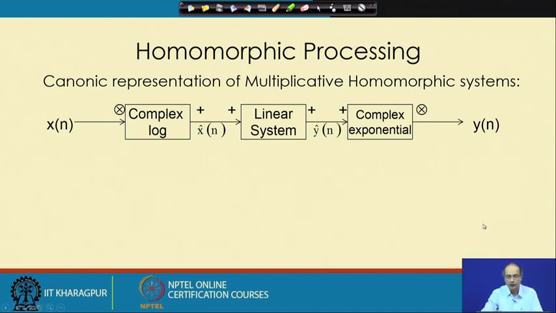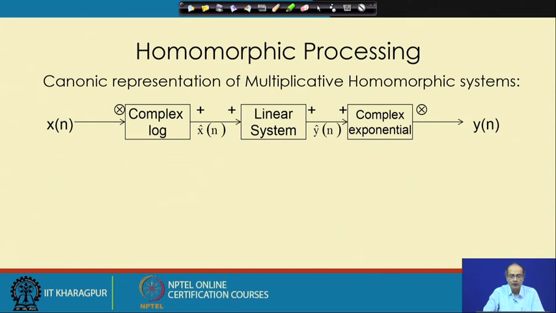Next, we go for a system to build a generalized filter. Here, the challenge is what we mentioned earlier, that sometimes we have multiplicative noise. Okay? So, here is also the same kind of case: we have a multiplicative signal, the components are getting multiplied with each other and we want to separate them out.